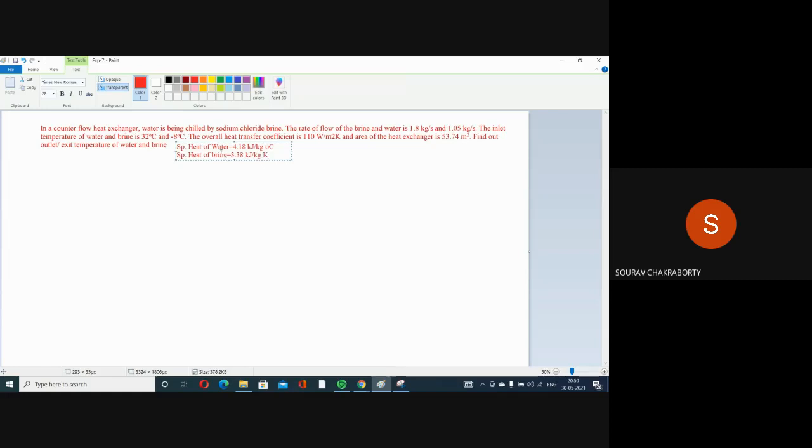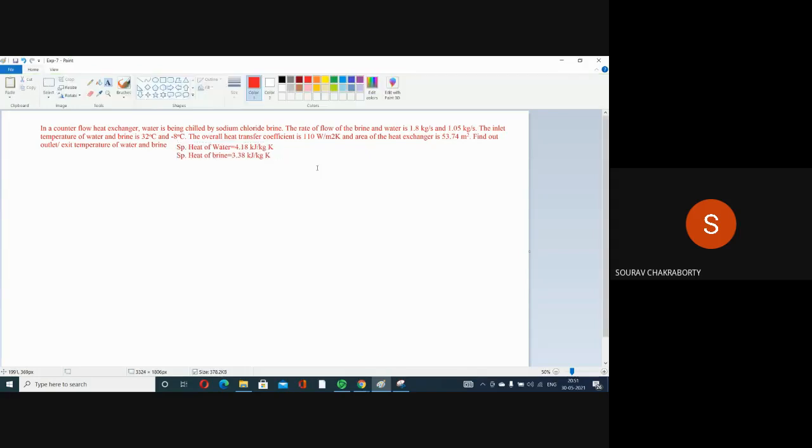We can write either, no issue, because the temperature difference will always be the same whatever unit you use. So we can use Kelvin. This is the value given.